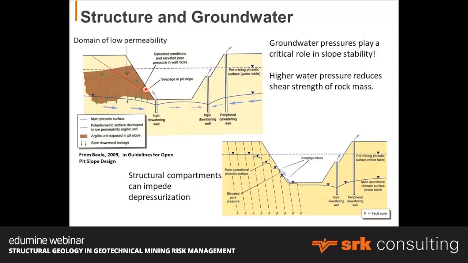Structures can also compartmentalize your water flow. In cases here, we've got no compartmentalization. You drop the water pressure down and you reduce risk in that slope. In these areas here, perhaps you've got clay gouge on those fault systems, which is preventing water flowing across those fault systems and allowing the rock to retain pore water pressures in those slopes, which can increase risk.